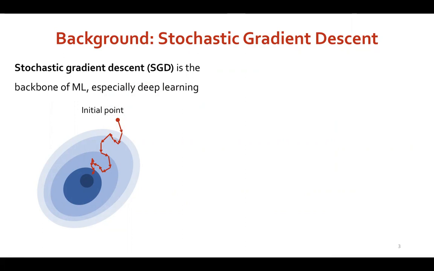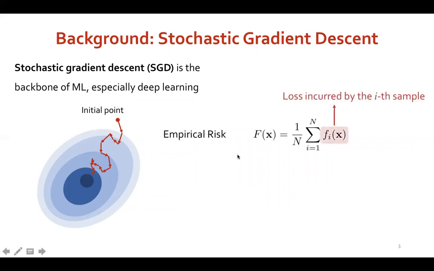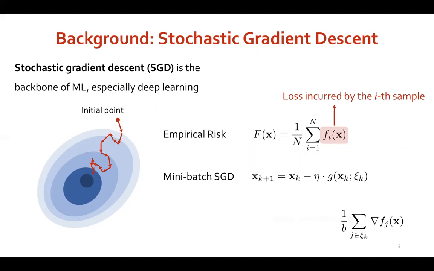At its core, SGD is an iterative method to optimize an objective function. In the context of machine learning, the objective function is the empirical risk function, which is the average of the losses incurred at the different points in the training dataset. SGD optimizes the parameter vector x by taking the current value of x and moving along the direction of steepest descent, computing the gradient g, which here denotes the mini batch gradient.